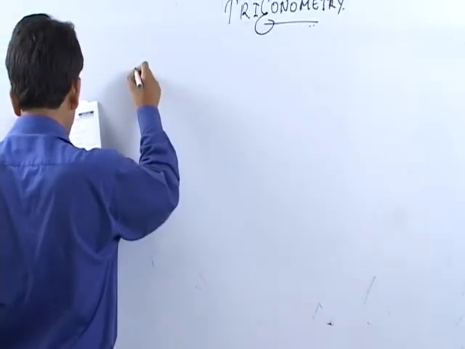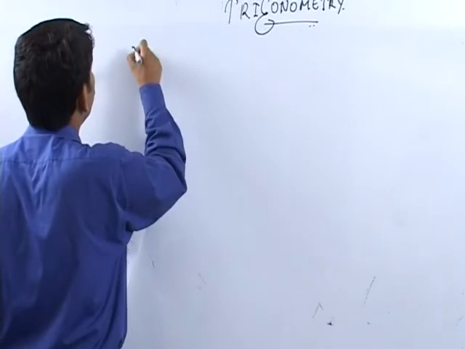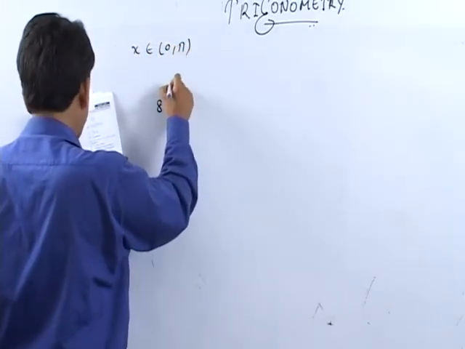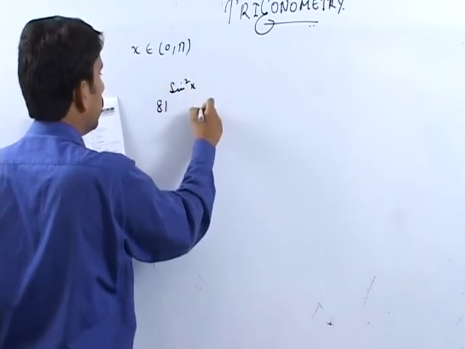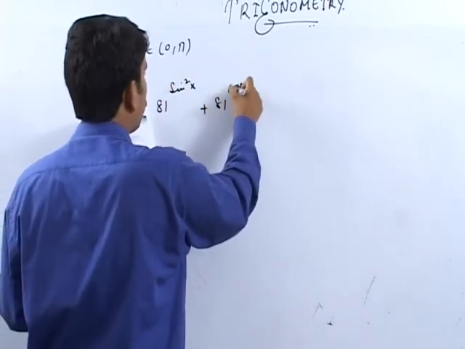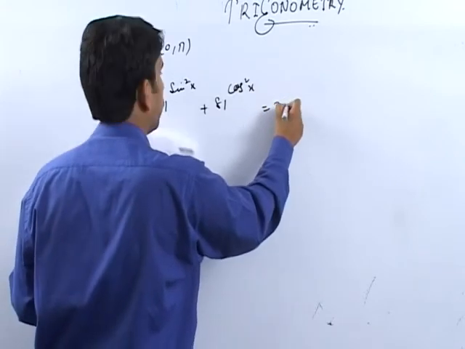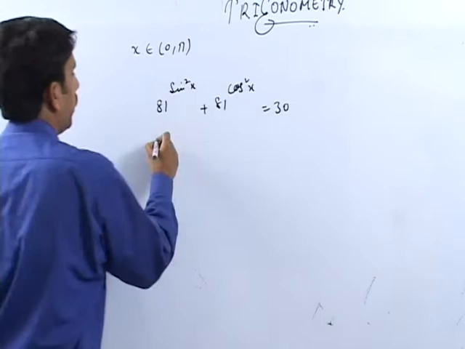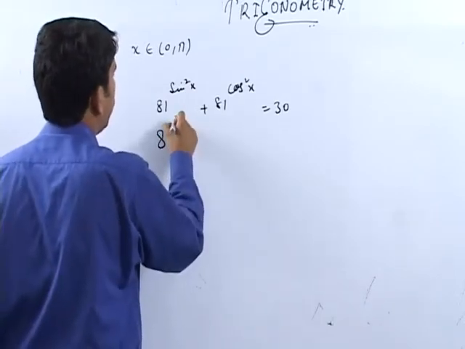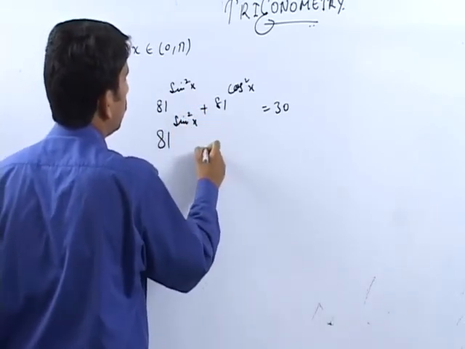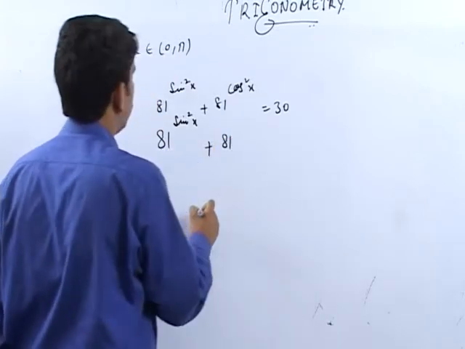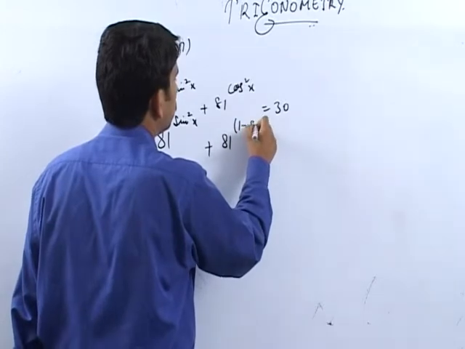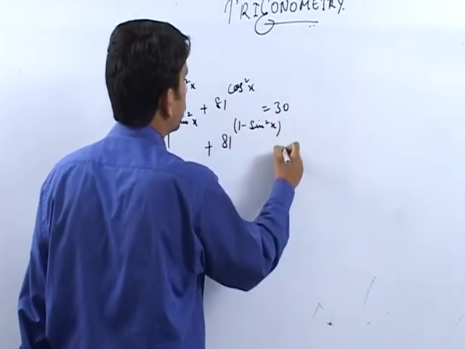Next question is, for x belongs to 0 to pi, 81 raised to sin square x plus 81 raised to cos square x is equal to 30. Then you have to find out the value of x. To solve this, you will first of all put 81 raised to sin square x plus 81 raised to (1 minus sin square x) is equal to 30.